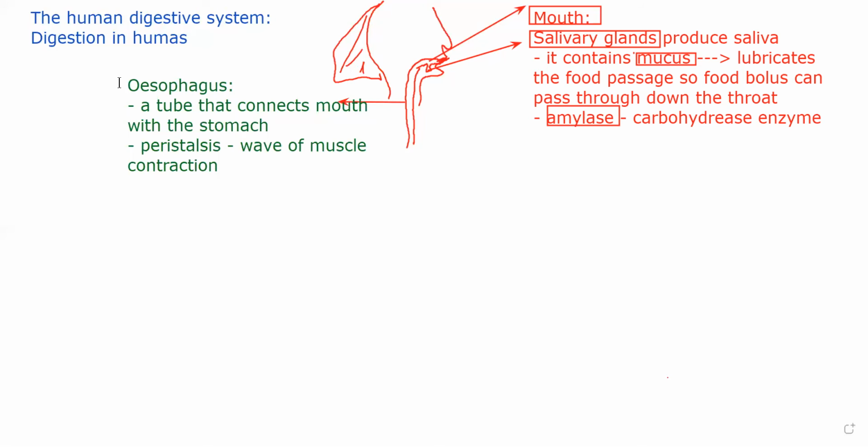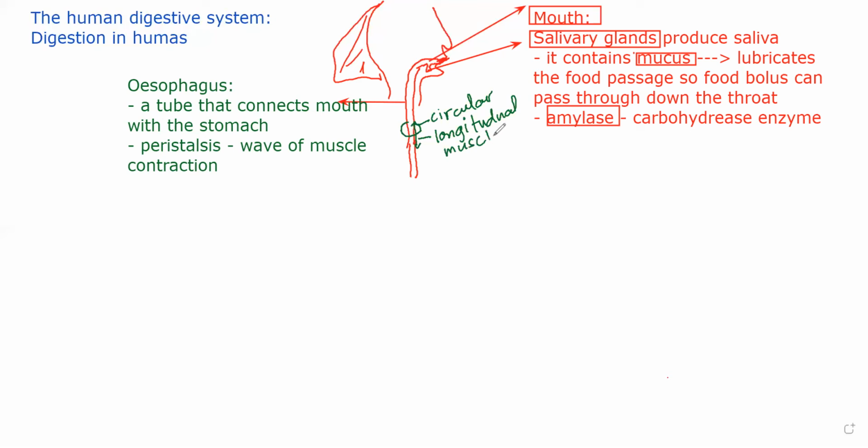As we see, this is the esophagus. I change the color, green color here. There are two types of muscles. This is called circular muscles. And along the length, we will have longitudinal muscles.